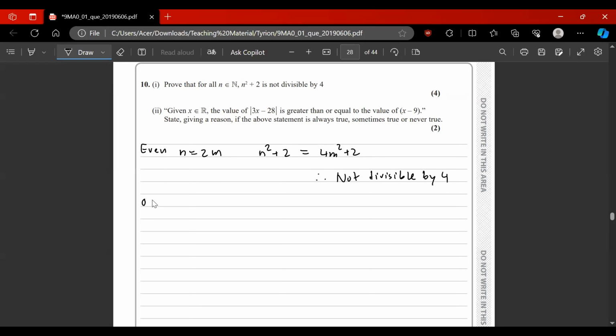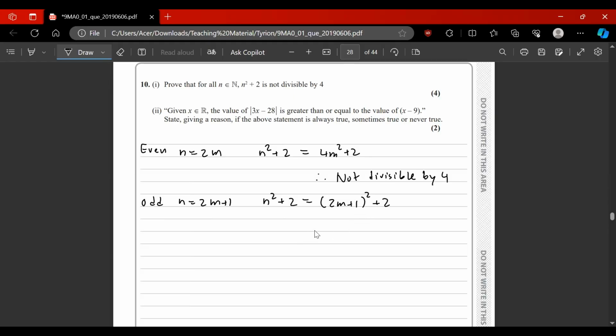Now, for an odd number, which is n equals 2m plus 1, if we once again find n square plus 2 here, we will see that this is going to be equal to (2m plus 1) square plus 2.